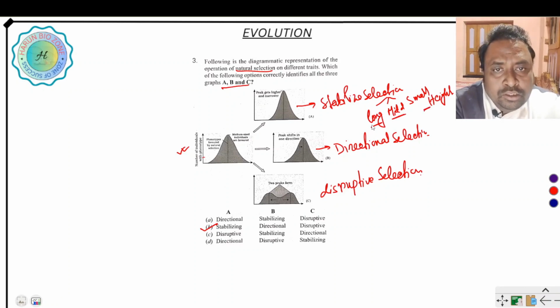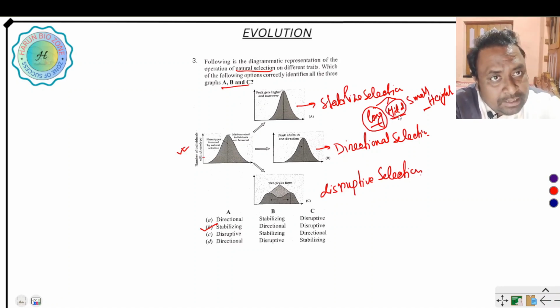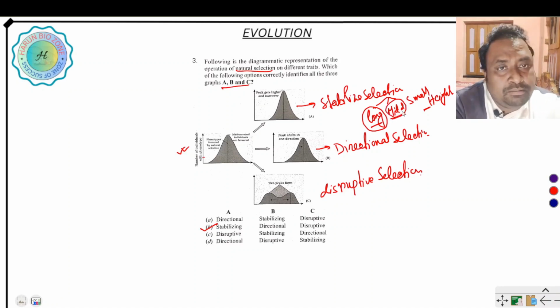But long plants are very risky in a storm, and small plants do not grow, so here the best adaptation is the middle height plant. It gets sunlight moderately and the storm does not harm it. So the middle one survives and the two do not survive. So here it is stabilizing selection.